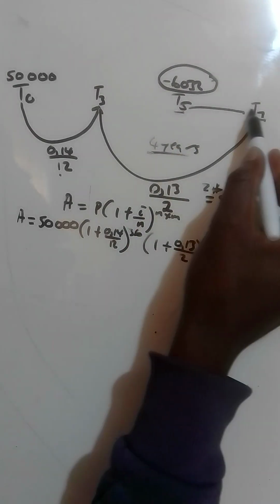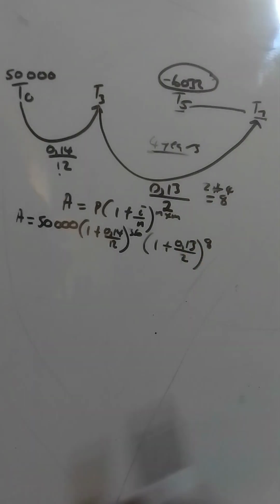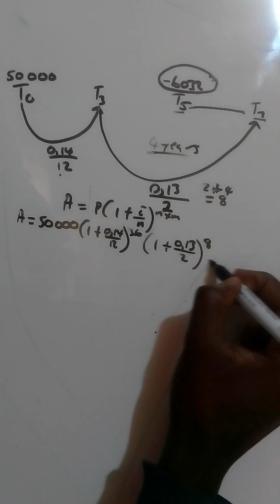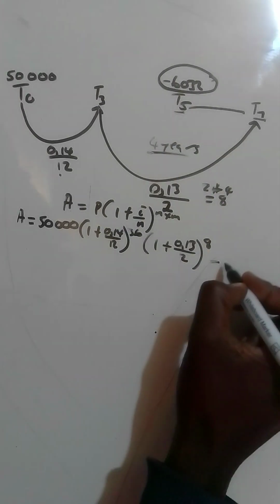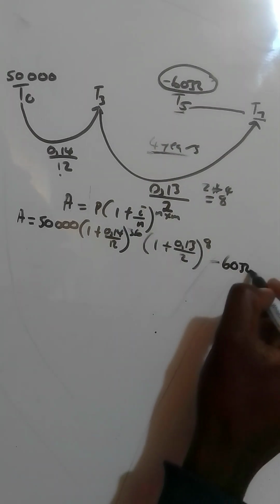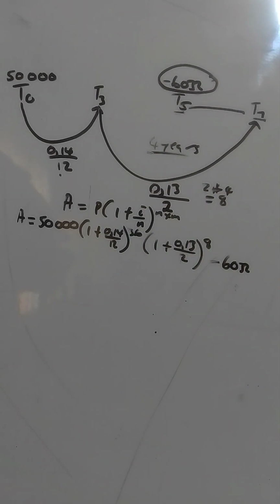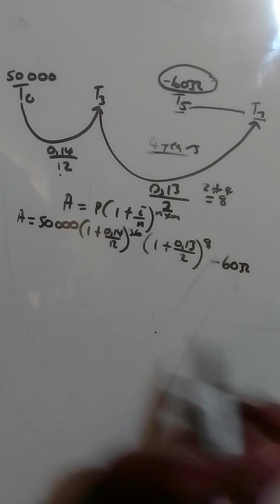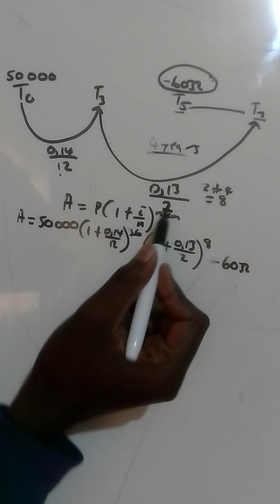Also the interest for these 2 years, Mr. Mungayi won't get. Right? So now we are going to subtract the 6,032. But we don't subtract 6,032 alone. Remember, there's an interest rate. And for the remaining 2 years, which interest rate was in effect? It was the 0.13 over 2.